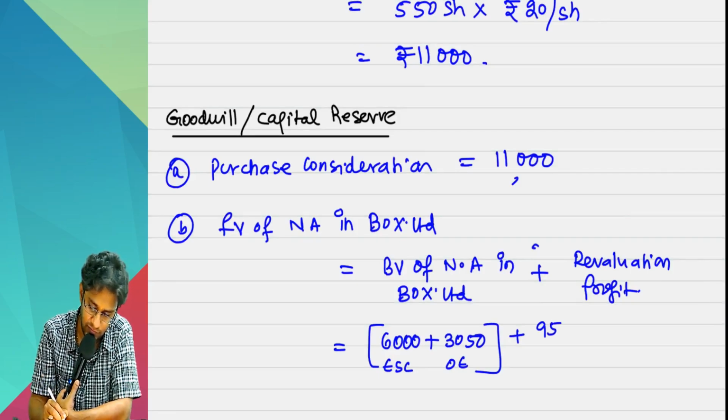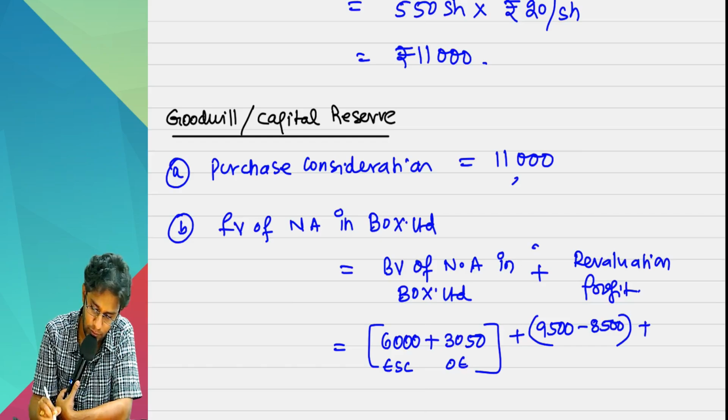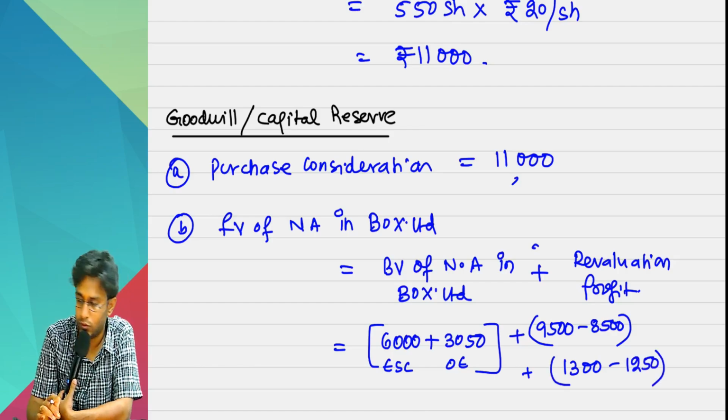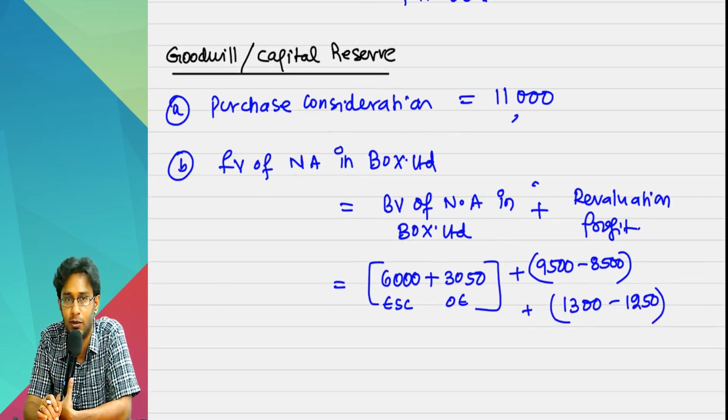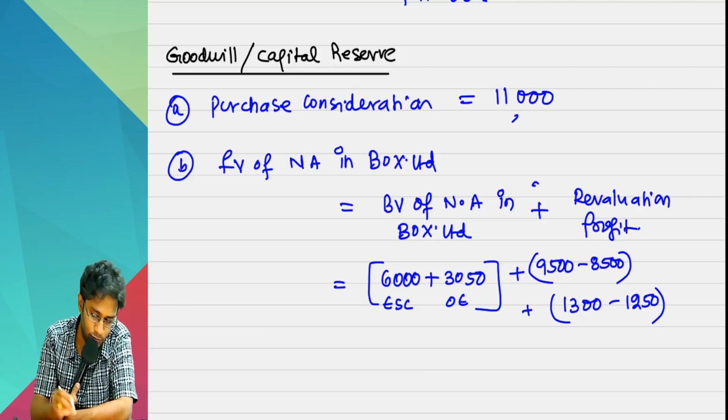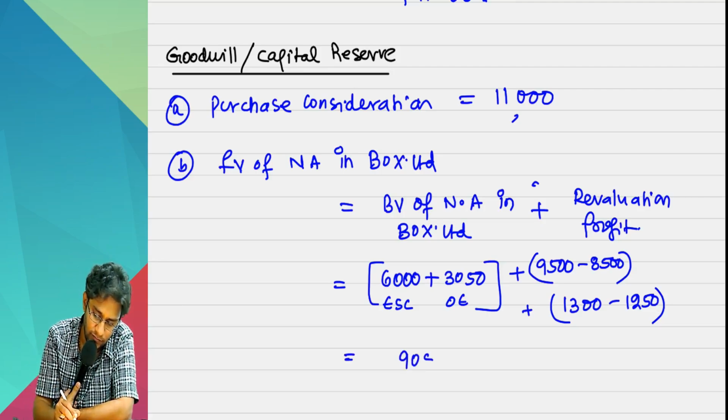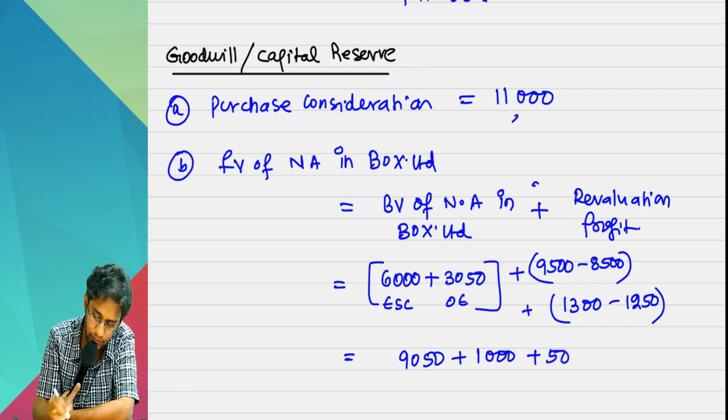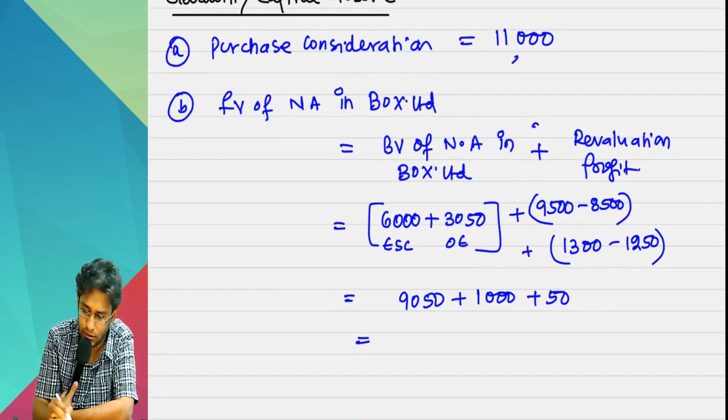So 9,500 minus 8,500 plus 1,300 minus 1,250. No, sir, I will do the full big statement of assets minus liabilities. All the best, that also you can do. After a lot of time, you will get the same answer. 1,000 plus 50. Be easy. Do whatever is easy. 9,100 plus 1,000 gives 10,100.